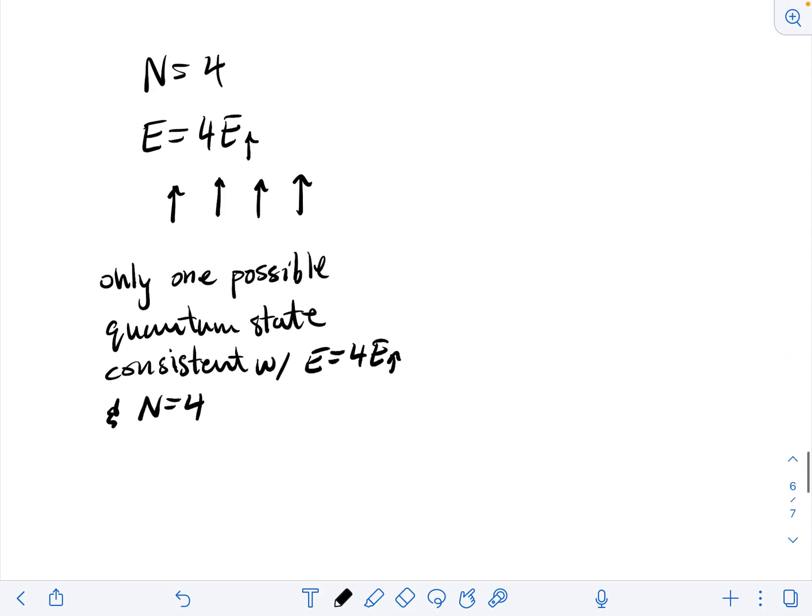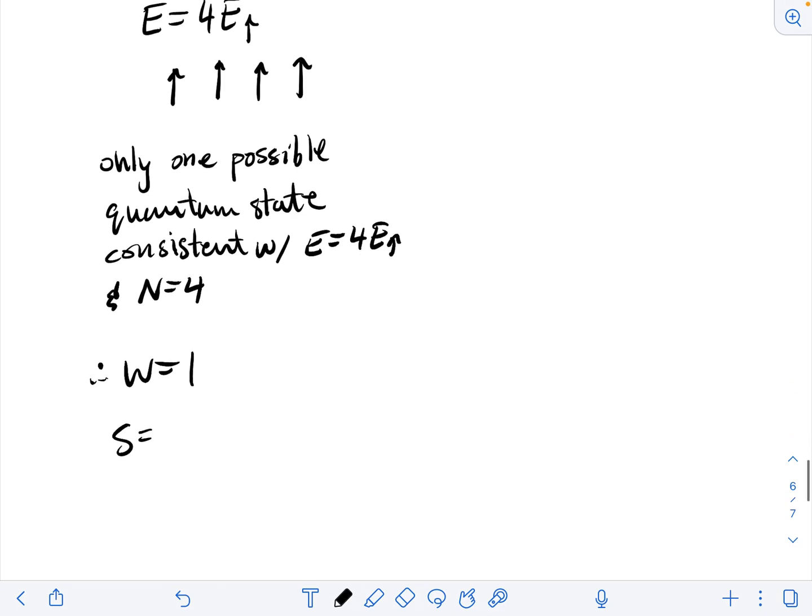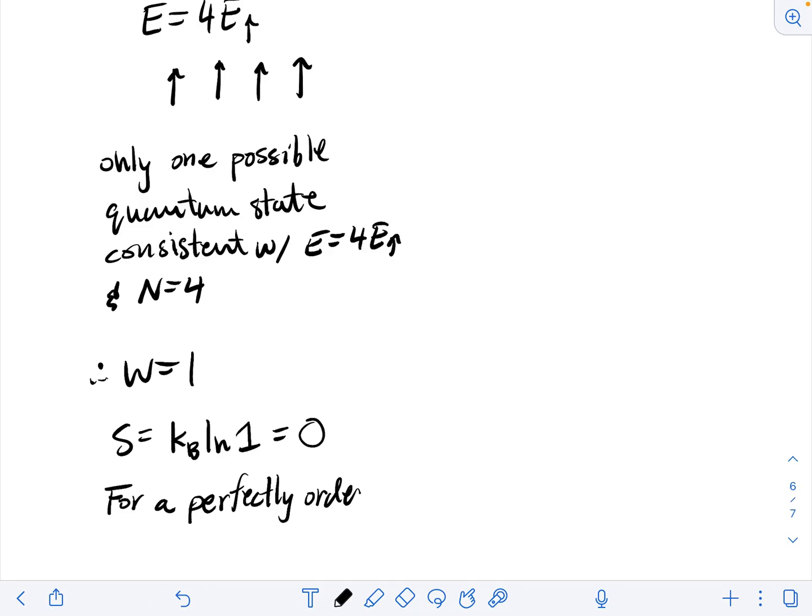In this case W is equal to 1 and S is KB ln of W, or ln of 1. Ln of 1 is 0. And so for a perfectly ordered system, the entropy is 0. And so that's what we expect. For an ordered state, we expect 0 entropy.